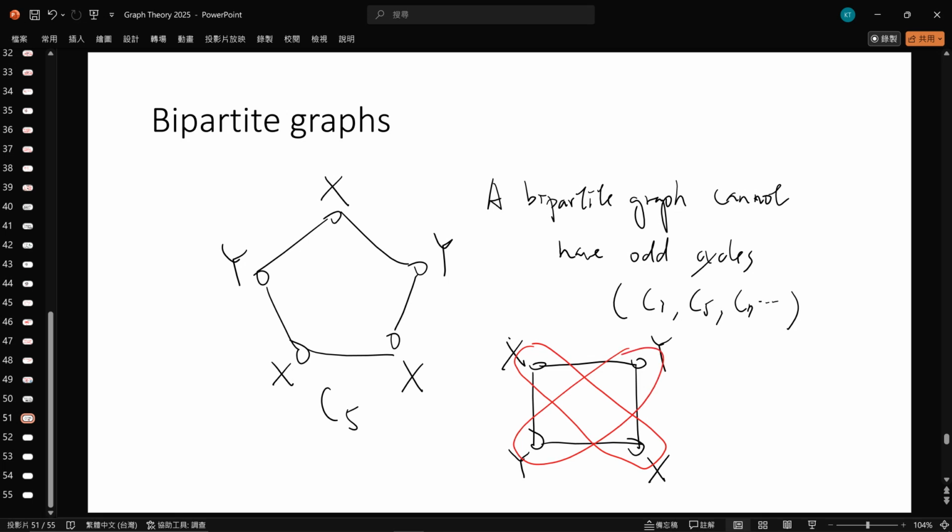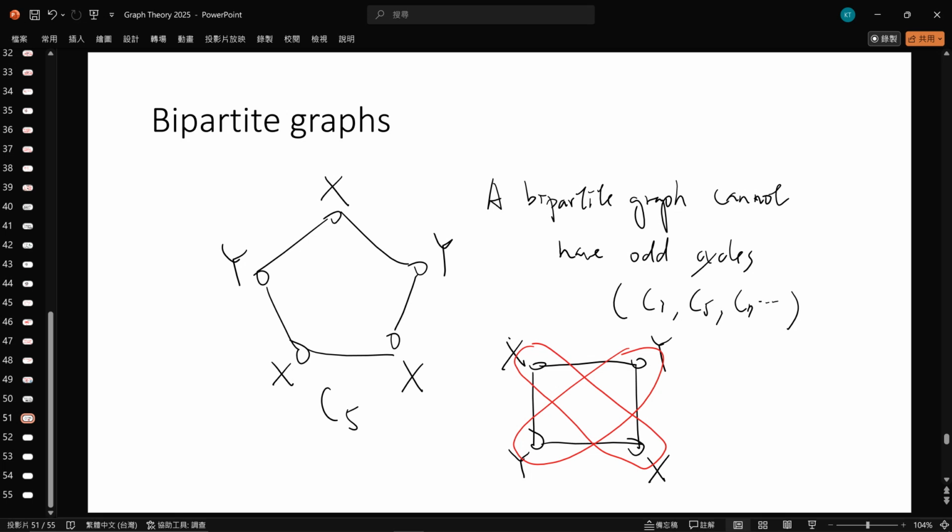In this partition, we do not have edges in X, and similarly, we do not have edges in Y. So all edges are between X and Y. So this one is a bipartite graph. So a bipartite graph can have even cycles, but not odd cycles. All right, so this is a very simple property about bipartite graphs.